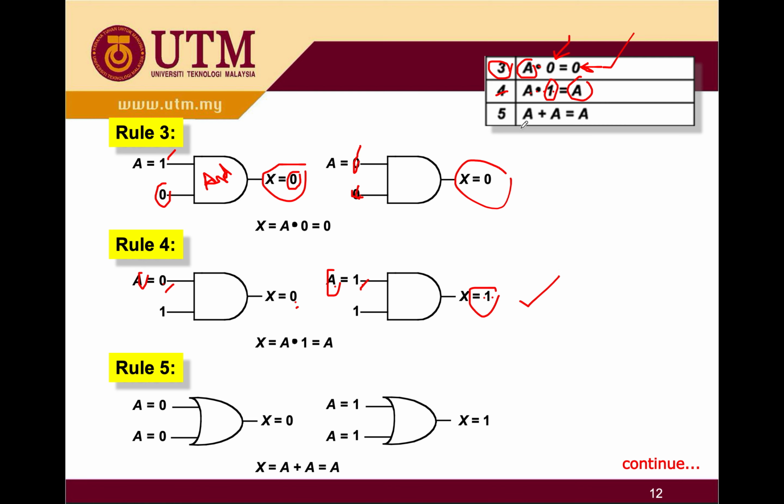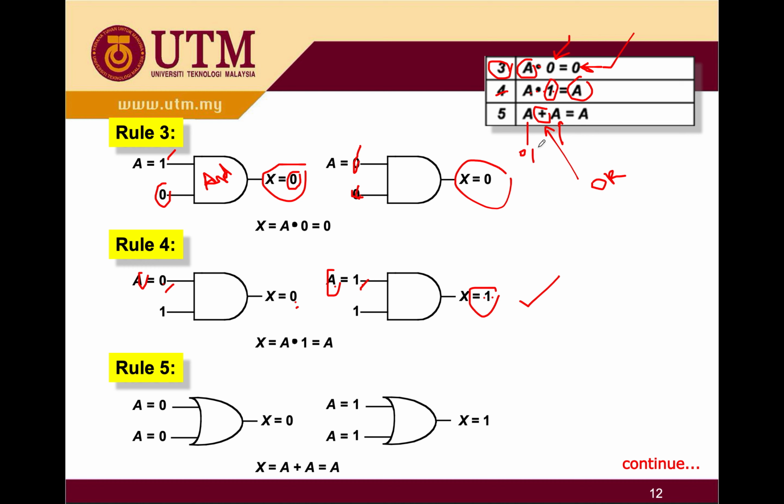How about rule number 5? It is adding. Adding, as I mentioned, is the OR gate. This is a basic gate. Please remember the function of this OR gate. So you have 4 possibilities, I think, but because you have similar variables, A should have only 2 possibilities, whether it is 1 or 0.